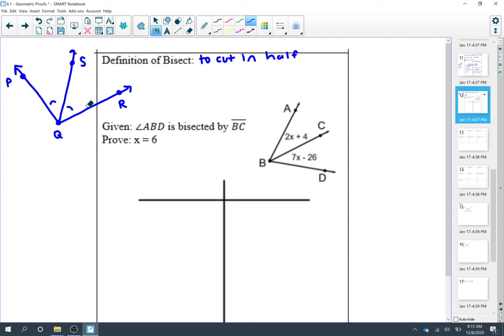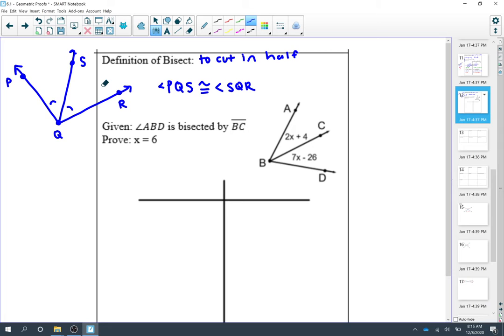So we're going to say that angle PQS is congruent to angle SQR. And that is the definition of bisect, because if QS cuts this thing in half, then I know this side is congruent to this side.